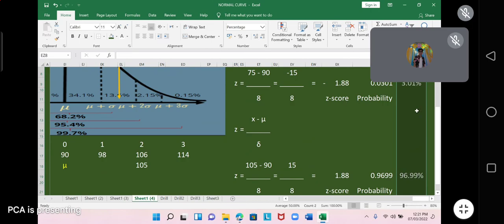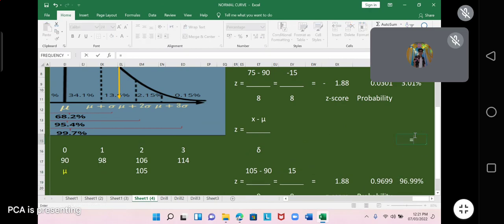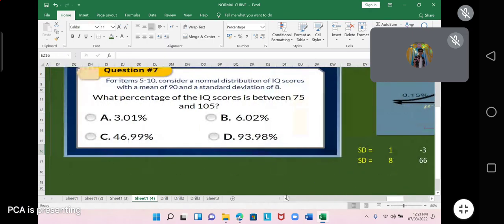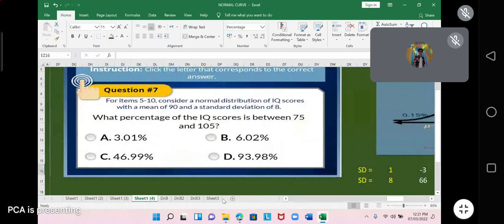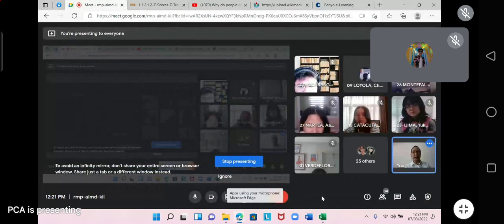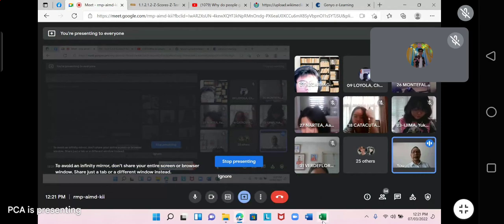Okay? If you want it in area, it's okay. But it's in between. So 96 minus 3.01. Okay. So the answer will be 93.98. Okay? So what is the letter? Letter D. Did you get it? Nakuha! Okay, nakuha. Intindihan? Okay, sige, go.